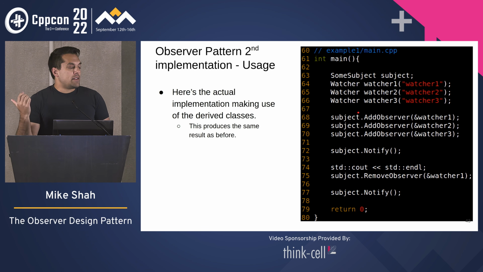Now, what I will mention at the end is these don't have to be objects. These could be functions or some sort of event that you want to fire off. The terminology I usually see is maybe a listener or listener event, for example. That would be another way to model it. I'm going to do it all with objects, but I could just have this subject take in a std function or something.